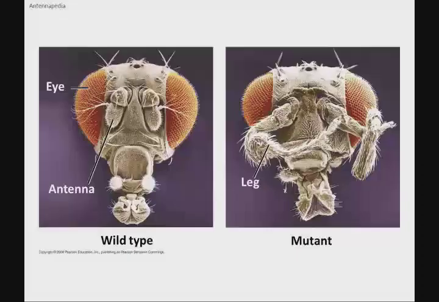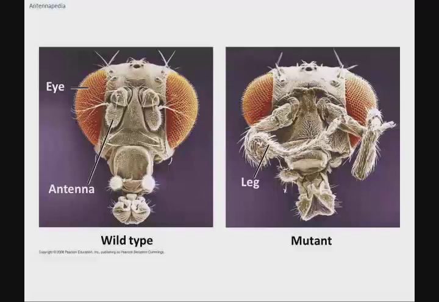Now, a homeobox mutant can result in drastic changes. This one's called antennapedia. Normally, on the wild type, or the normal fly you see on the left, its antennae are on its head, sensing the air and doing their thing. Now, pedia means foot. So this mutant in a homeobox gene actually caused relatively well-developed legs to form where the antennae were supposed to form.